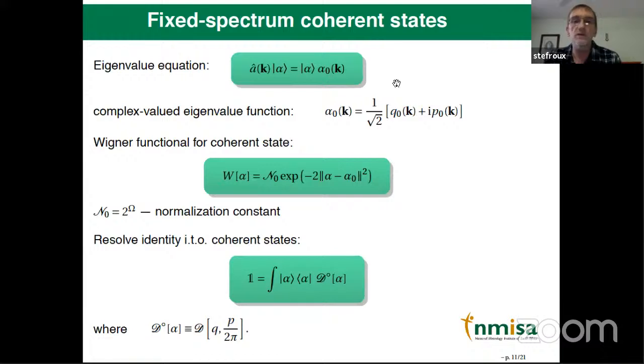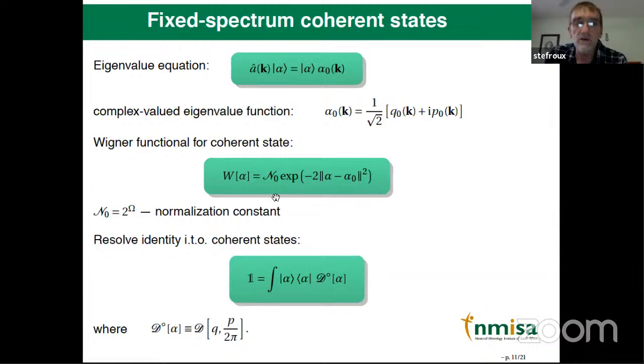Just to show you something maybe more familiar, we can have a similar eigenvalue equation for coherent states, where you have the annihilation operator as a function of the wave vector, and then the complex valued function, which is the eigenvalue function, is the normal parameter function with which you would parameterize your coherent states. In this case, this complex valued eigenvalue function is related to the eigenvalue functions of the P and Q operators that I just showed you.